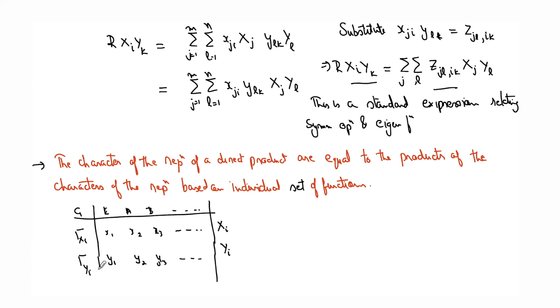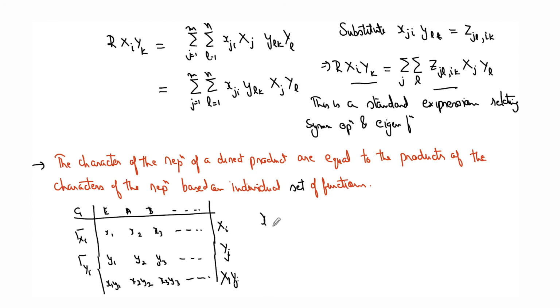So if x and y are forming the basis separately, the direct product, xi yj, will also form the basis, and their characters will be given by x1 y1, x2 y2, x3 y3, and so on, right? So this can be seen from here.